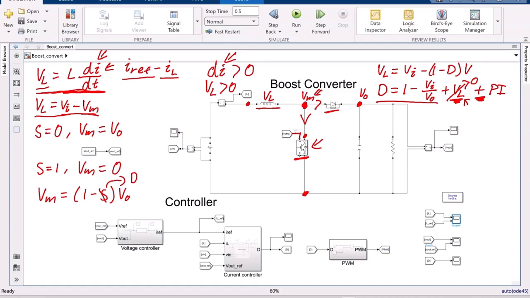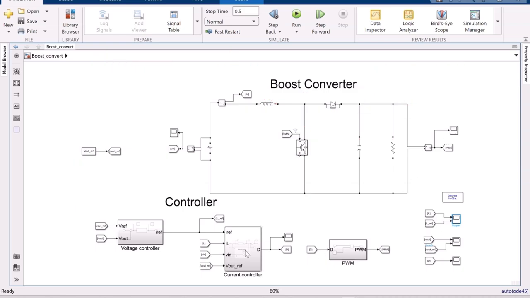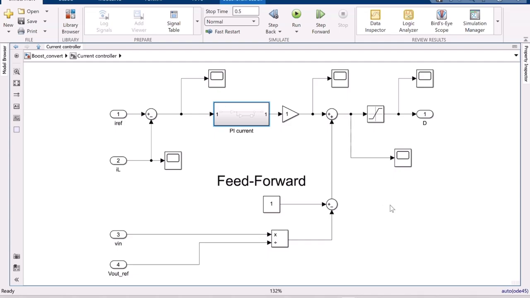So that is basically how the current controller works, and I can show you how you implement it in Simulink. You can see that we have the feed forward here. Here we have the +1, and here we have V in over V out. And then this is the duty cycle, and this is the output of the PI controller.